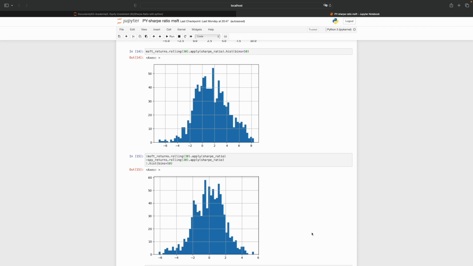As you can see, in most situations, the difference between these two is between -2 and +2. And the shape seems symmetric, and it indicates that Microsoft doesn't constantly outperform SP500, even though the Sharpe ratio of Microsoft is higher than the SP500.